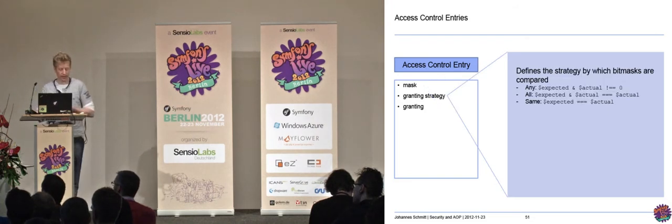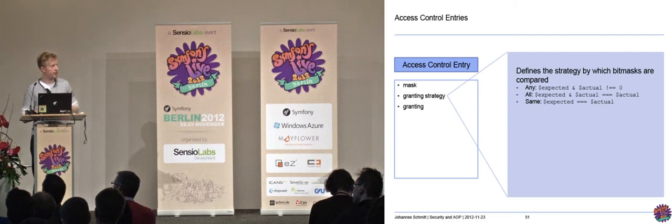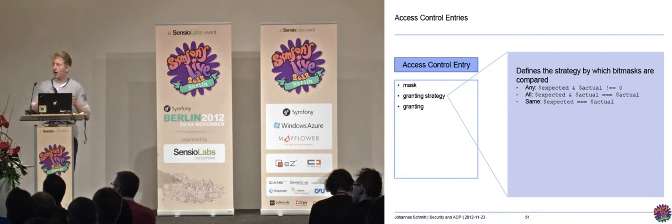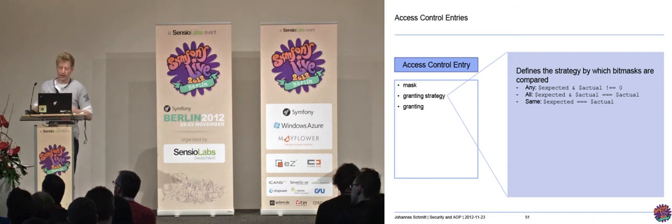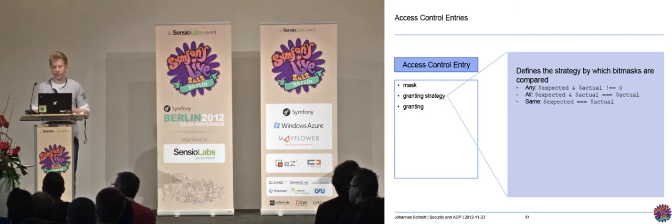For checking, we have the granting strategy, where we also define different things. That basically defines how these bit masks are compared. We have 3 strategies, and depending on your use case, the default is mostly fine. The any strategy is used by default, and we basically just check if the user has one of the permissions which is requested.